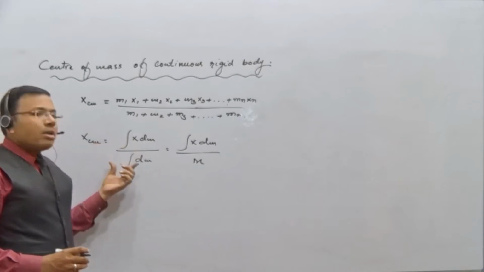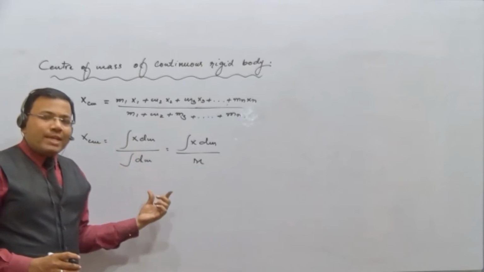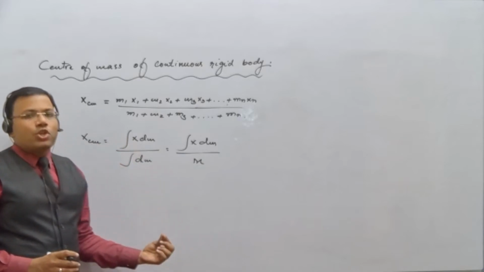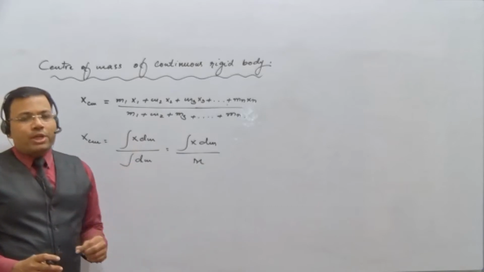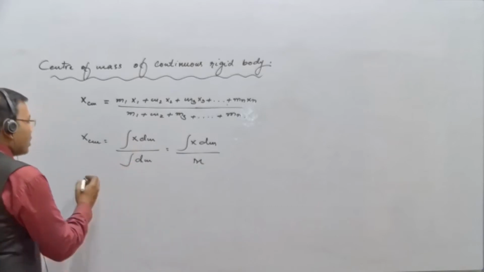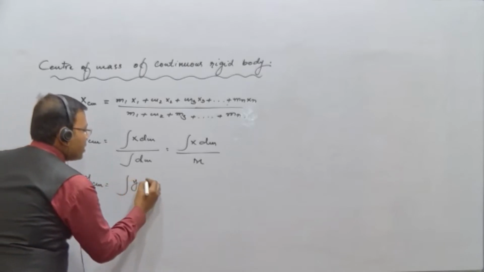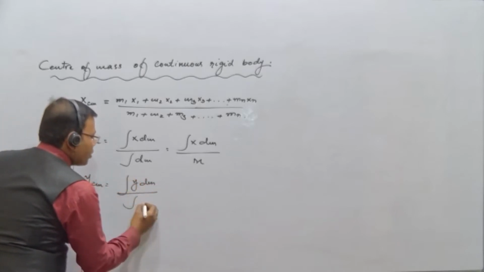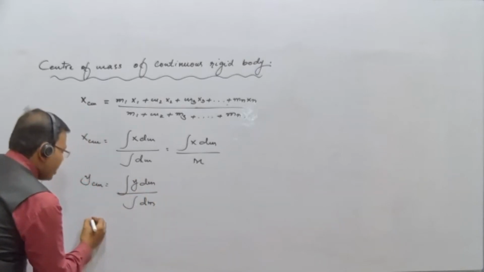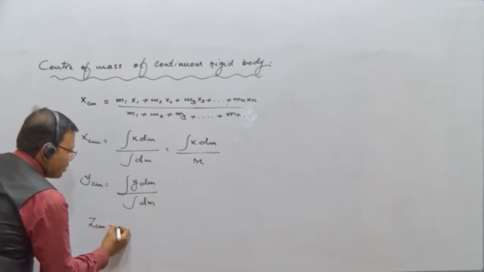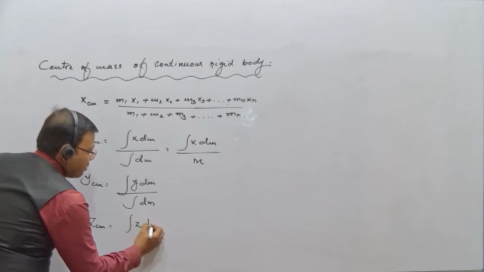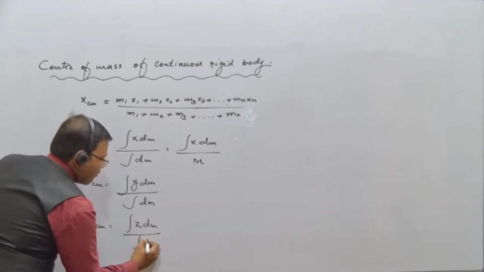Now here we are writing the integration of x dm by integration of dm for the x coordinate. For the y coordinate, we write integration of y dm by integration of dm. In the same way, for z, integration of z dm by integration of dm.